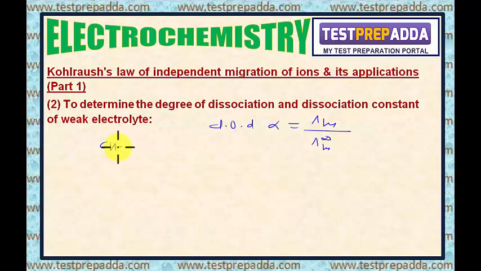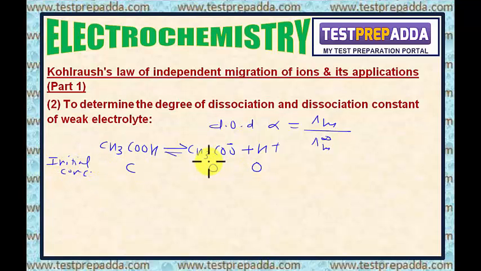For example, if I write CH3COOH giving CH3COO minus plus H plus, and write initial concentration as C, 0, 0, and at equilibrium C minus C alpha, C alpha, C alpha.